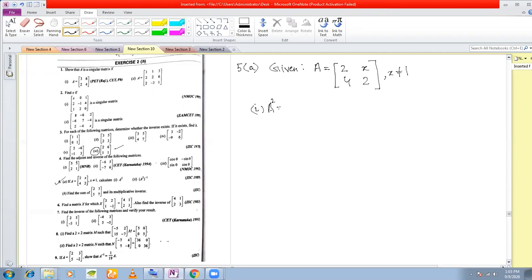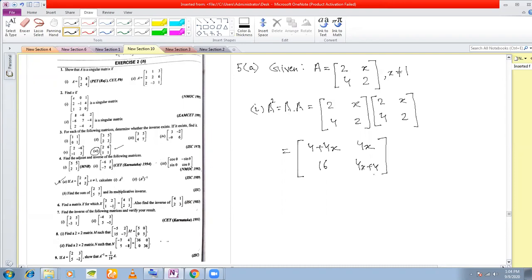A square is very easy to calculate. A square is equal to A into A, which is equal to 2x 4 2 times 2x 4 2. Multiply these two matrices. First row, first column, 4 plus 4x. Next, first row, second column, 2x plus 2x, which is 4x. Next, second row, first column, 8 plus 8, 16. And second row, second column, 4x plus 4.